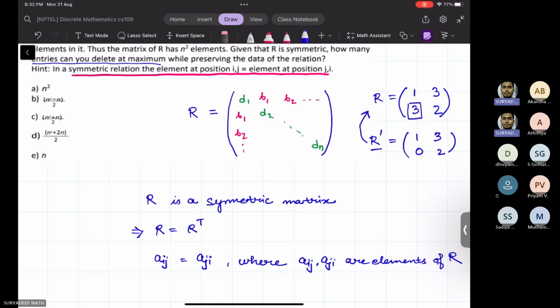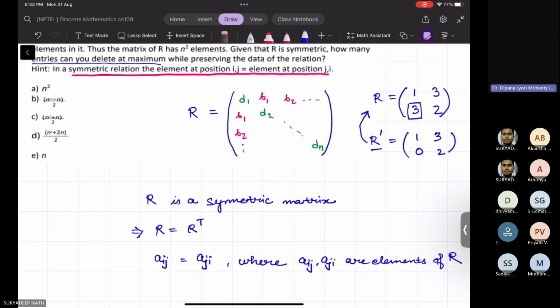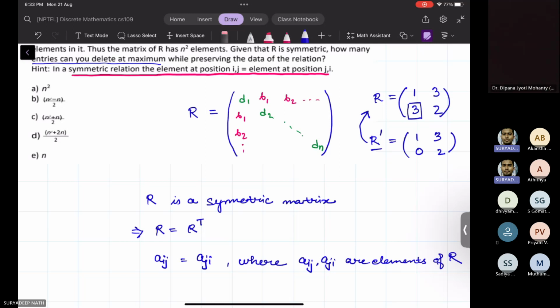Just take a guess. Right, so either all upper or all lower. You can remove either all upper or all lower.